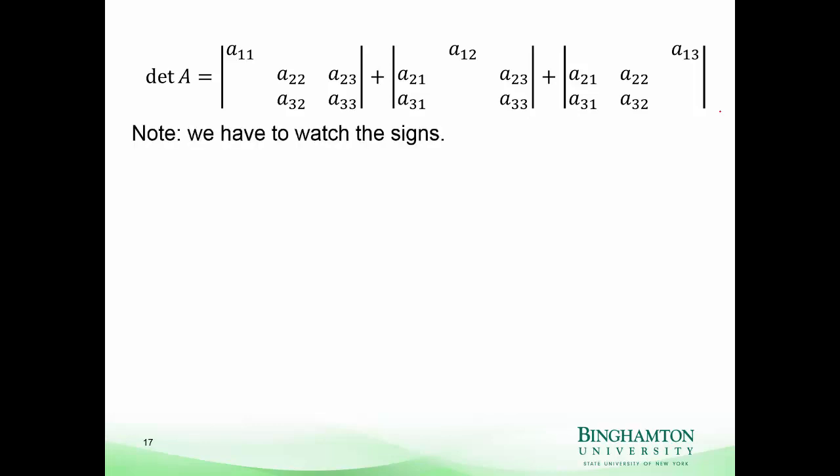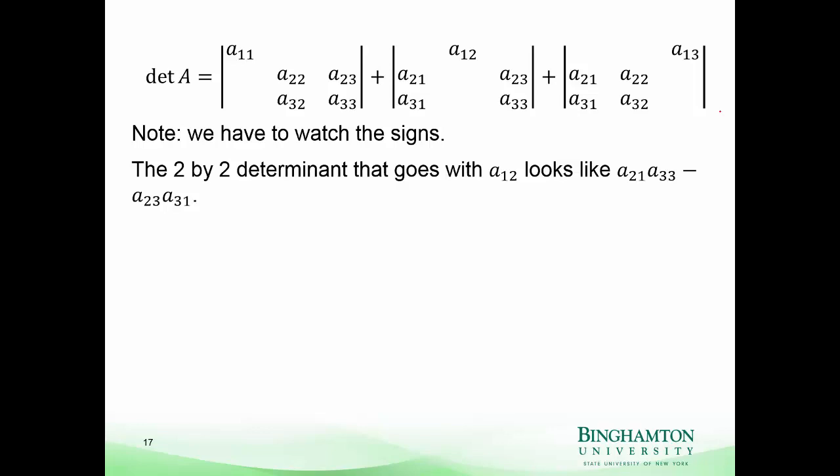We have to watch the signs on this, and the 2 by 2 determinants that we end up with, we find by doing this. We think about taking the one that's going to be our factor for that term, and we nuke everything else, and there's the 2 by 2 determinant that's left. Here we take our factor, which will be A12, we nuke everything else and take the remaining 4 elements as a 2 by 2.